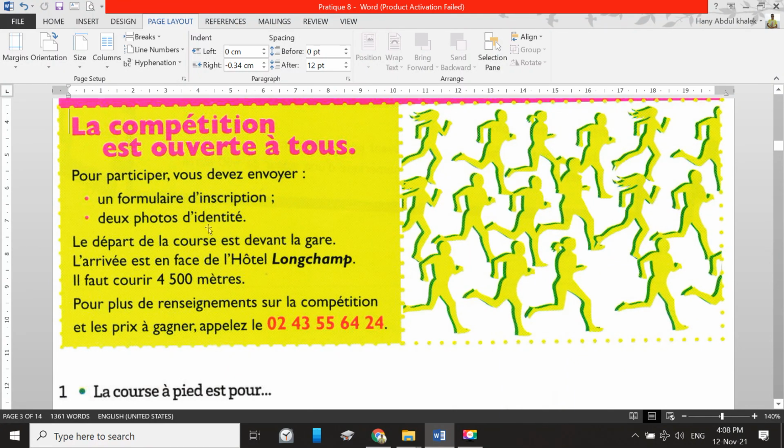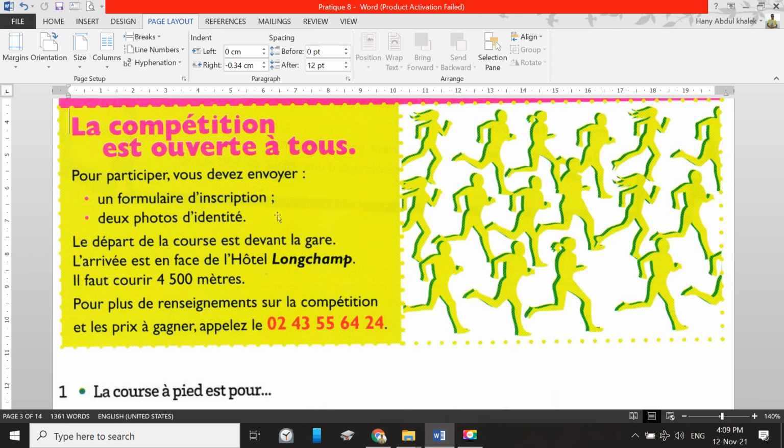Formulaire d'inscription is the application that we did together during this trimester, where we find our personal information, like your family name, your first name, your address, your phone number. This is the application if you want to go to a club, to subscribe to the club, to be a player in this club, or just to be a member in a place or in a school, they give you an application, like we say in Arabic, istimara.